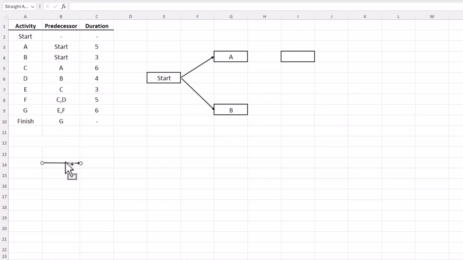Draw the arrow. And then label it. And notice that activity C follows A right there. We go to activity D, which follows B. So we'll place D here. And we'll do the arrow.